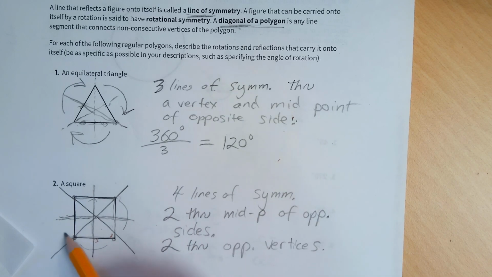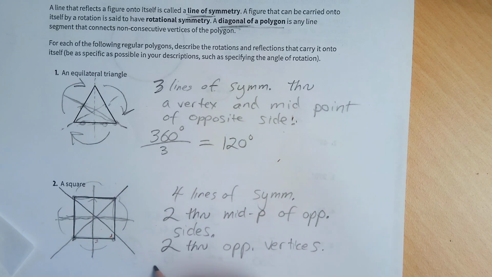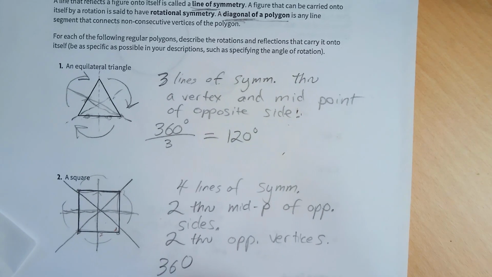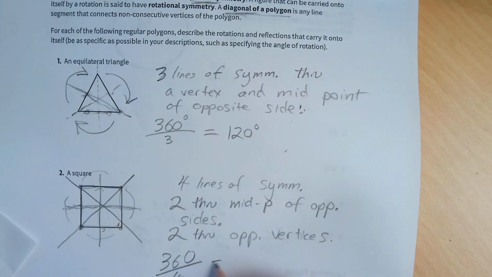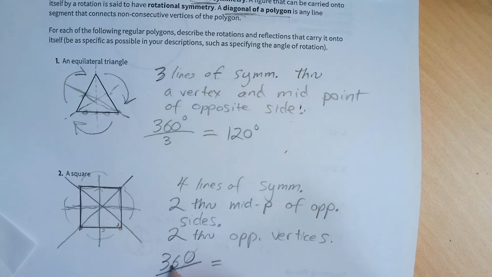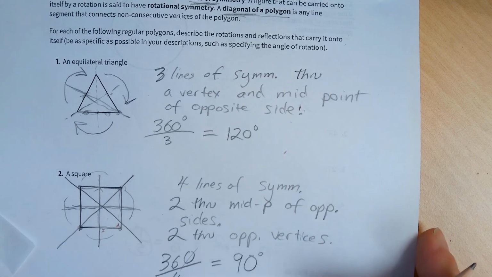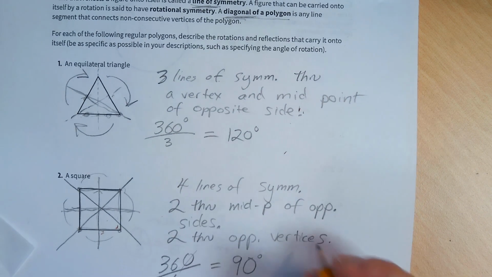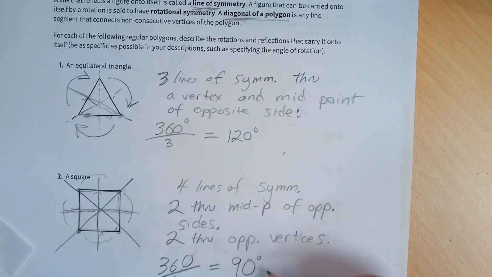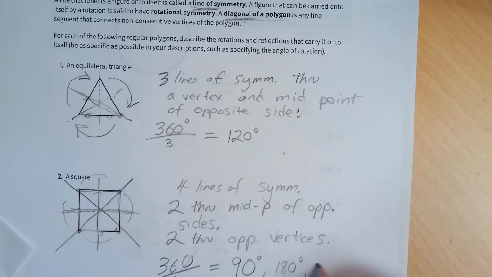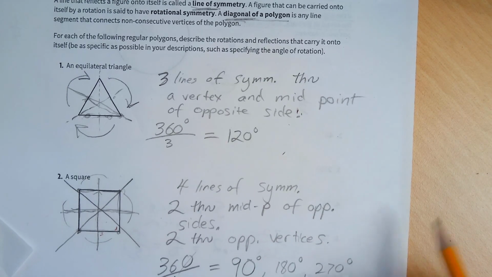1, 2, 3, 4 rotations, 360 divided by 4. Knock off the 0. 36 divided by 4 is 9. Put the 0 back on. And here's something. It's 90, 180, because you can do another 90, 270.